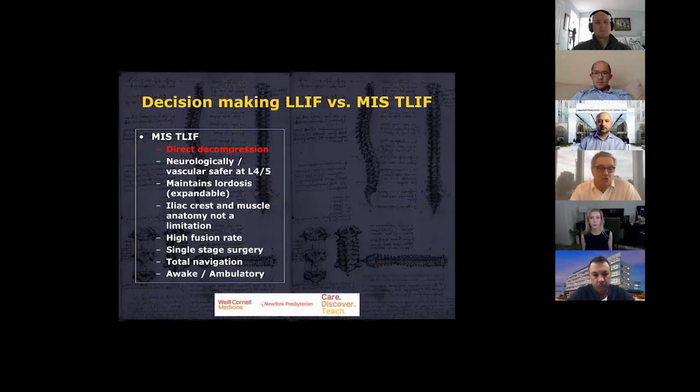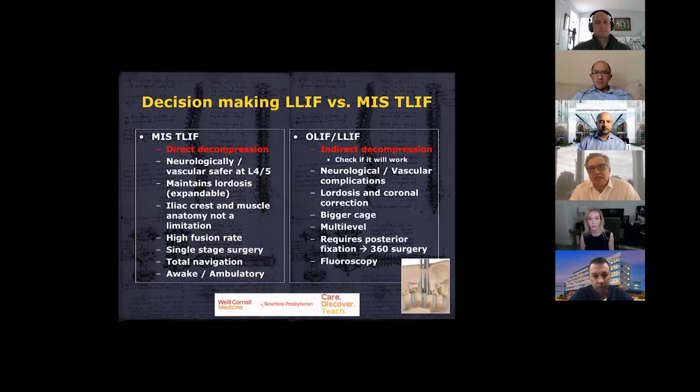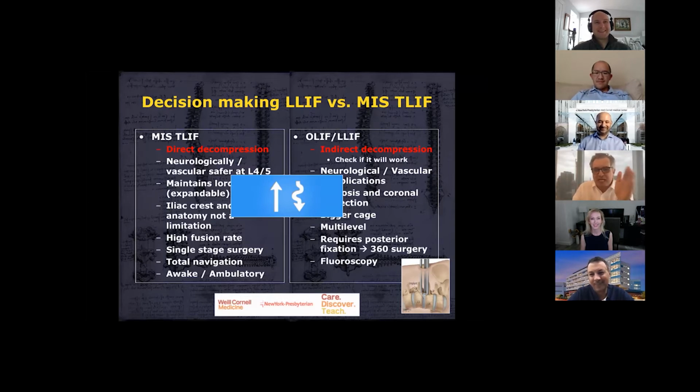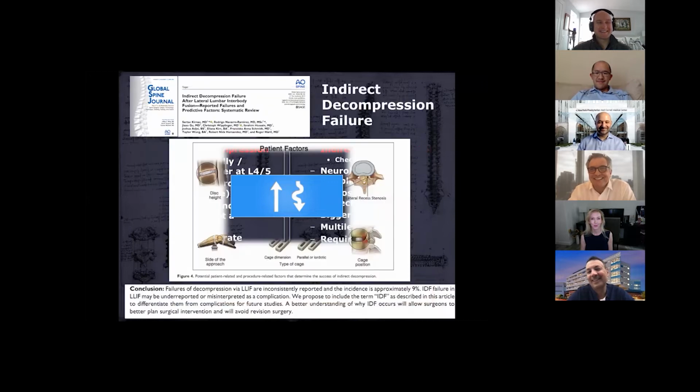But even if you do it with general anesthesia, a lot of these patients go home the next day. And then with lateral surgery, I'll let Juan go into this more. But what I mentioned here are really the main advantages that I see with the MIS-TLIF procedure. So you got to figure out for yourself, are you like a wiggle guy who does indirect decompression, or are you a true German surgeon who relies on direct decompression?